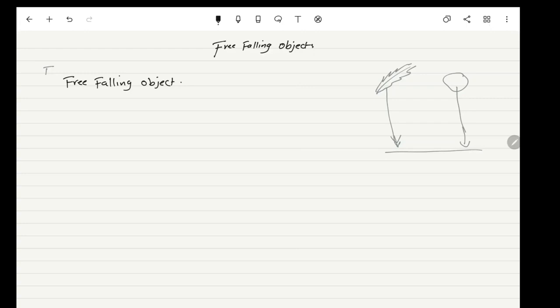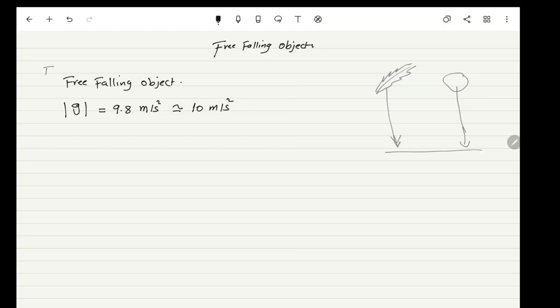Remember, it's free, with no constraints on that object whatsoever. Since the acceleration is constant, this acceleration is the gravitational acceleration. It's equal to g, with a magnitude of 9.8 meters per second squared, and sometimes we just approximate this as 10 meters per second squared.